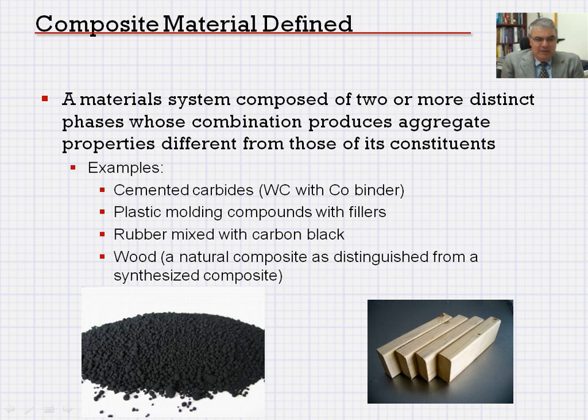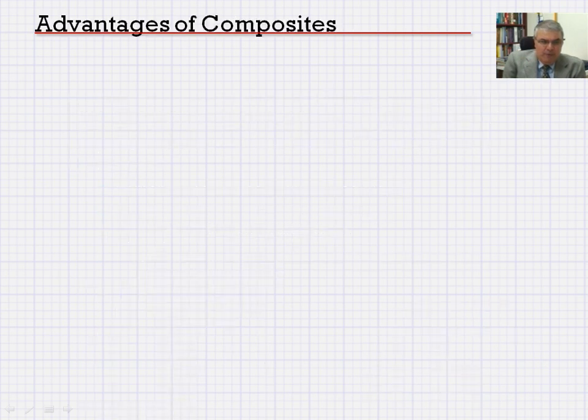That is the main difference between wood and other composites that are man-made, what we call synthesized composites. So right off the bat, natural composites versus synthesized composites. Natural composites are those naturally occurring in nature, and the best example would be wood.